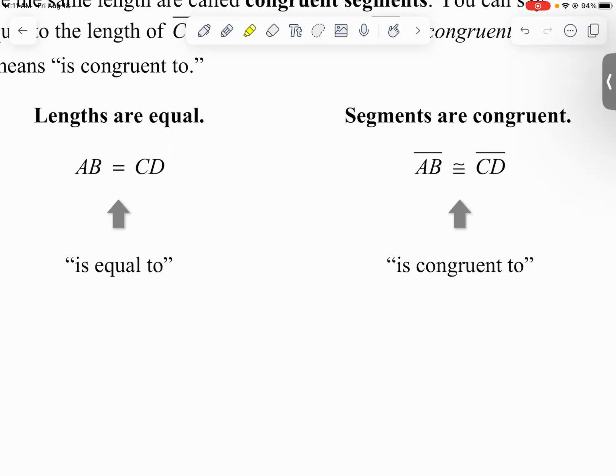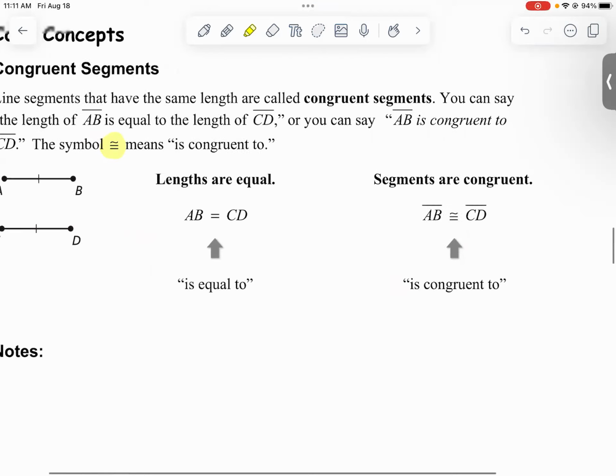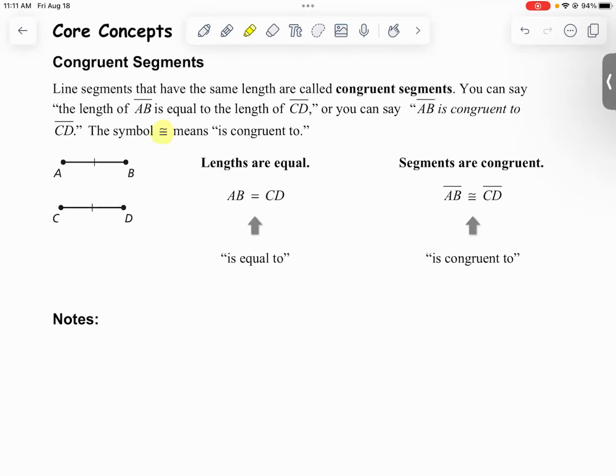Over here, when I have our segment notation, we're talking about the actual segment. And so congruent means these segments have the same length. We notate it by these little tick marks. So here's segment AB and segment CD. Do you see how they both have this tick mark? That is the notation for, hey, those are congruent.